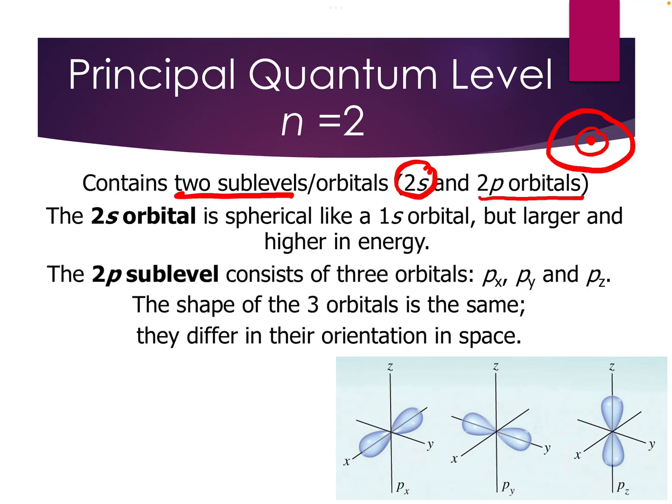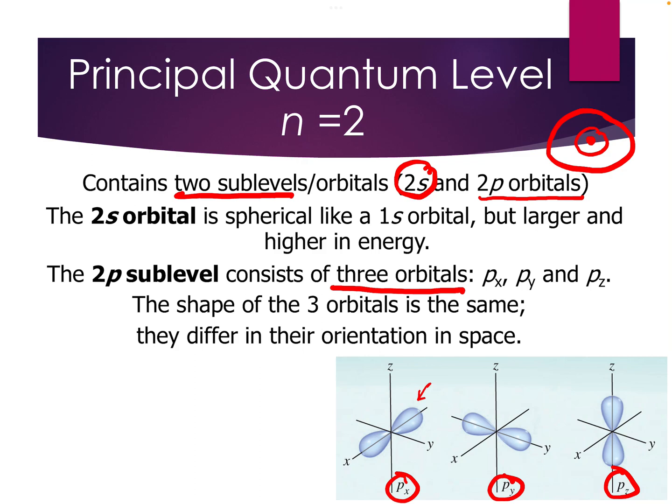Okay. The 2p sublevel, my apology, has 3 different orbitals: px, py, and pz. And I don't need you to remember those. All I'm showing you with the px, py, pz is that it has different orientations in space. So in chemistry, we call these types of orbitals dumbbells.